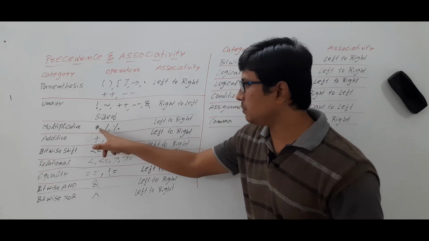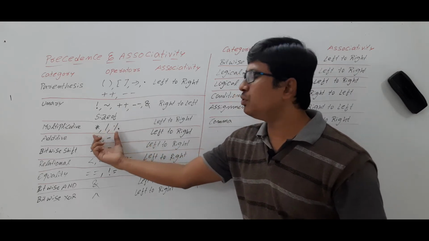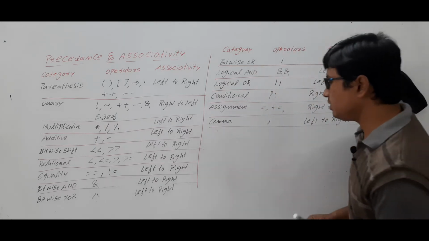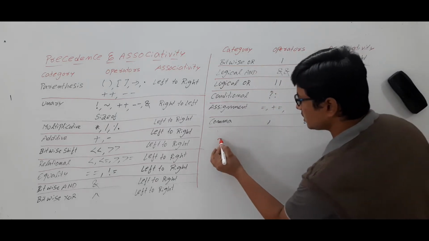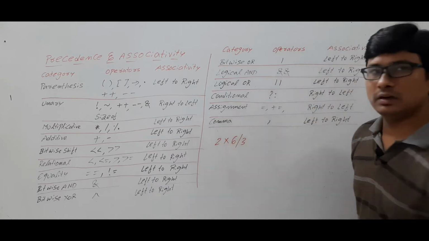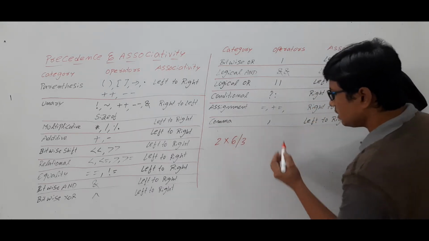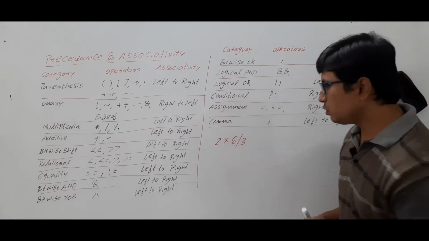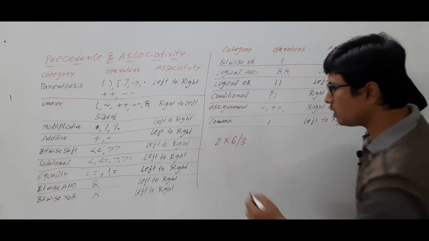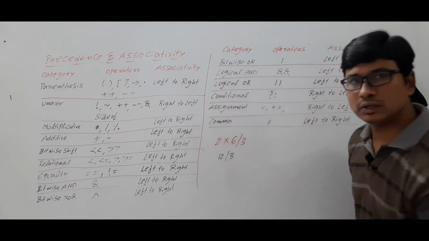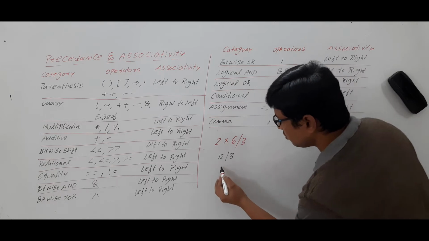You have the multiplication and division both having the same precedence. Now suppose you have 2 into 6 by 3. Now let's take that you are performing 2 into 6 by 3. Now what is the 2 into 6 is 12. 12 by 3 you are getting 4.